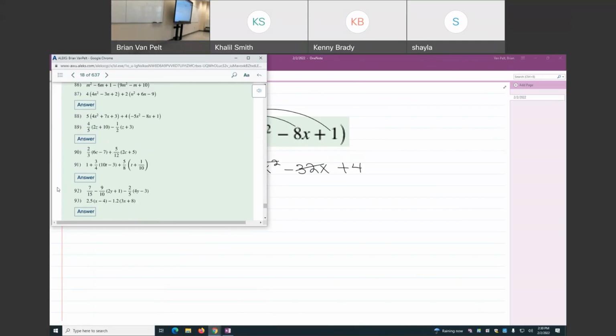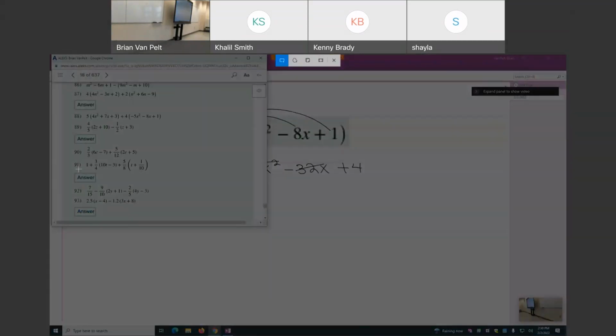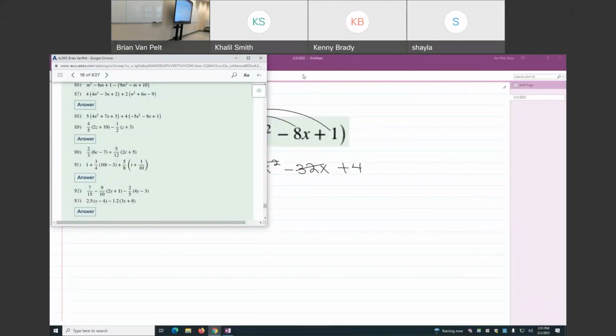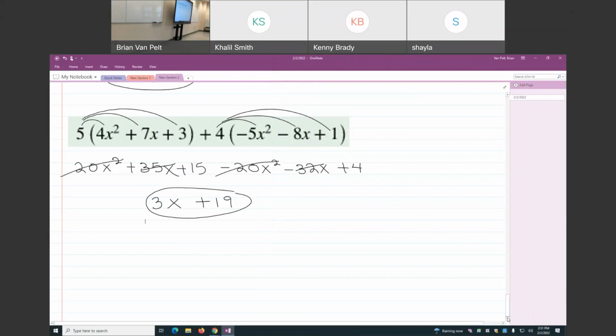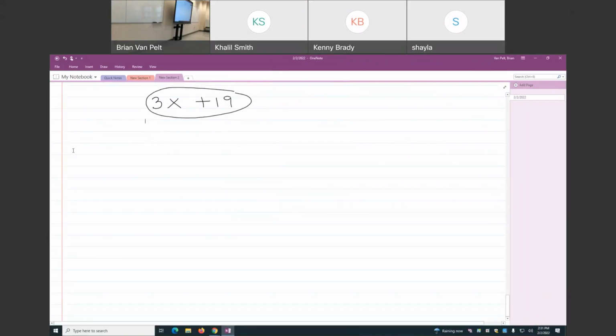That's when it gets fun, right? It's not fun until there's fractions. Try not to grab any of the other problem. So these will definitely be more difficult because fractions are less than desirable for most students.